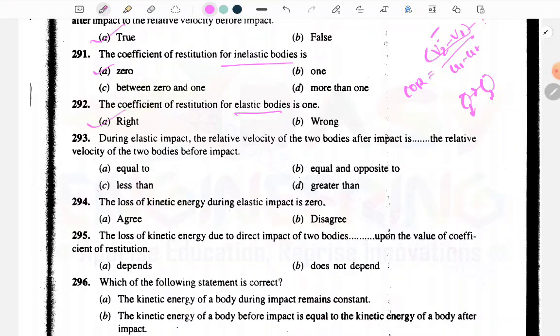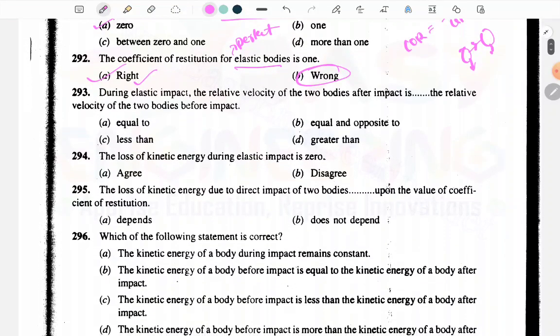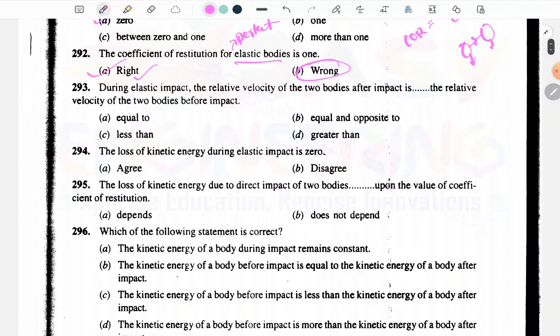292. Actually, he didn't use here the word perfect. He has to use perfectly elastic bodies. Then it is correct. Otherwise, it is wrong. During elastic impact, the relative velocity of two bodies after impact is dash the relative velocity before impact.